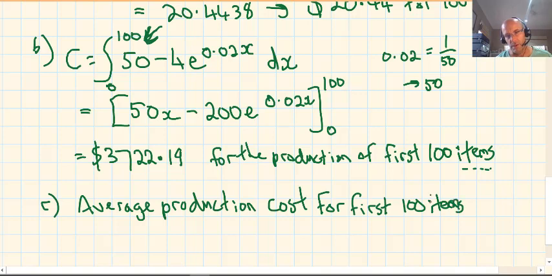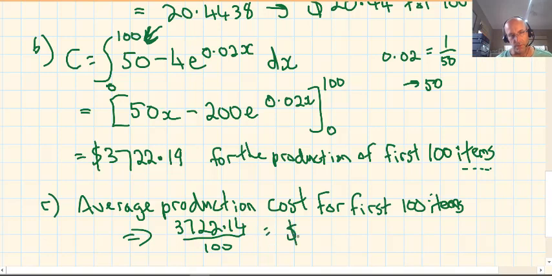That means we're just using the normal aggregate average formula. We have 3722.14 over 100, which rounded to the nearest cent is $37.22 per item on average.